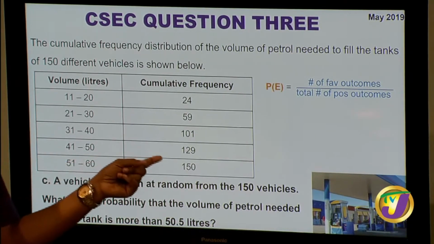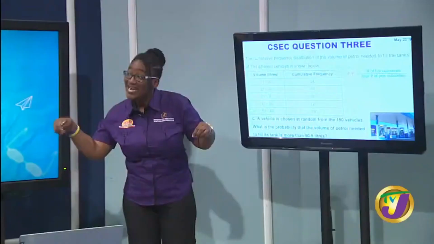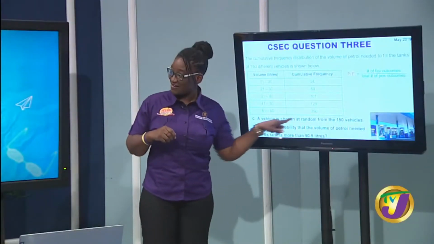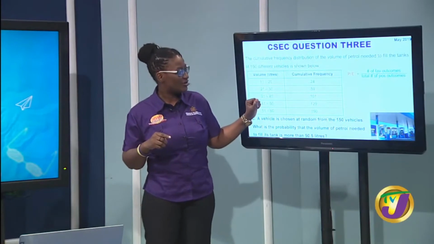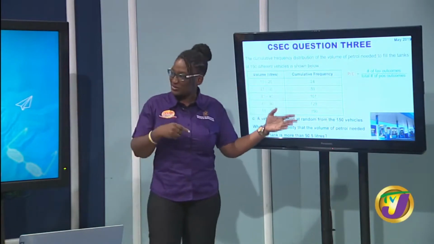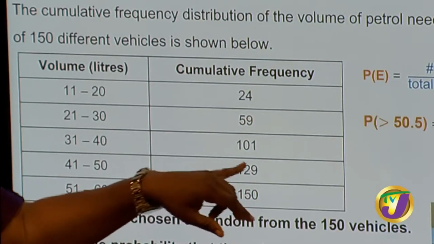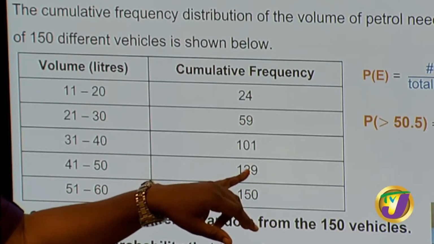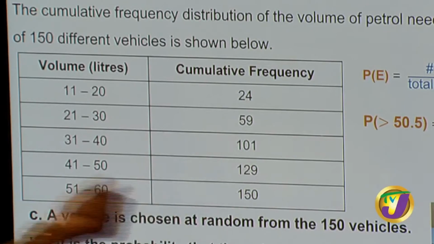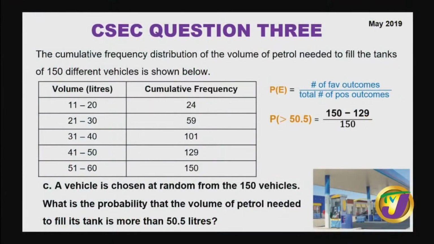Okay. So now we need to figure out how many vehicles are right here. All right. So we talked earlier about the running total and it being added. Yes, we did. And we know that this 150 included the 129. So we need to take those out to see how many are in this specific class interval. Right. All right. And that looks like 21.